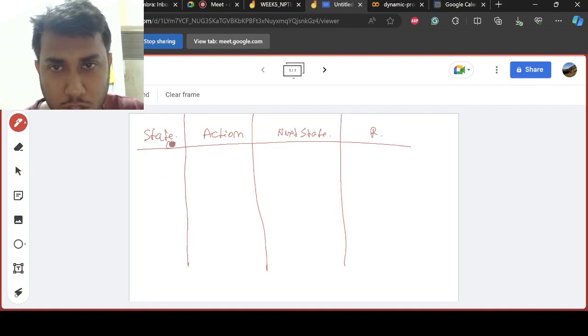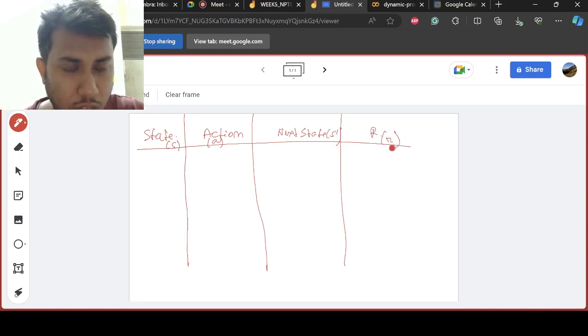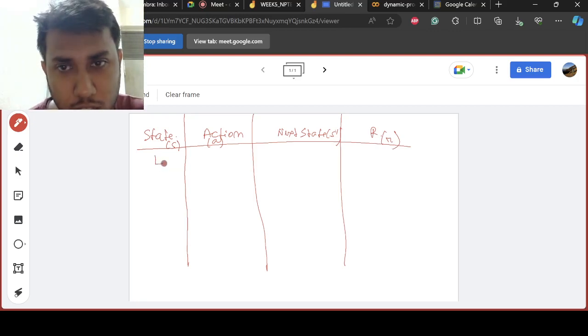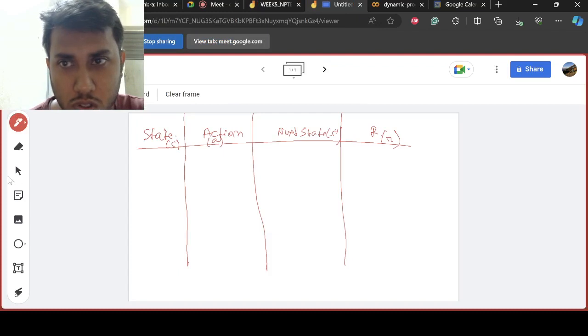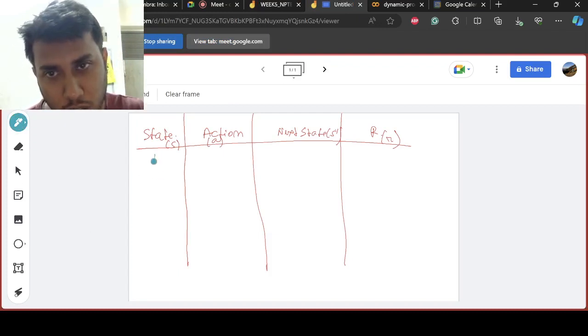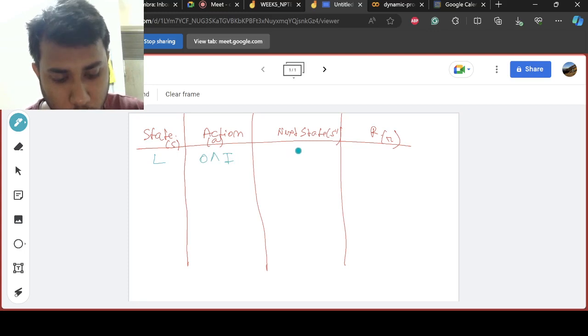So this is your S, A, S dash, R. So you have L. Let me fill this out fast. This one I showed you how to do last week, so you can go and check it.